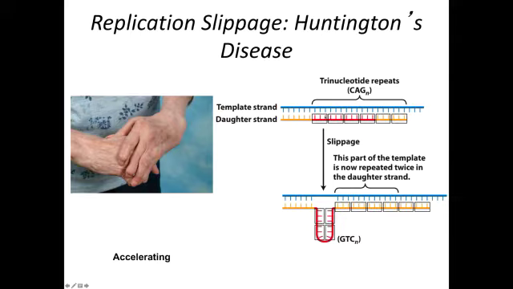The Huntington disease mutant alleles have an unstable number of CAG repeats. So CAG, CAG, CAG, which encodes for glutamine. And this repeated sequence, if it folds back on itself in this particular way, the DNA polymerase can stutter. This sequence here is extending. It folds back here, and then it re-extends and amplifies the number of repeats.